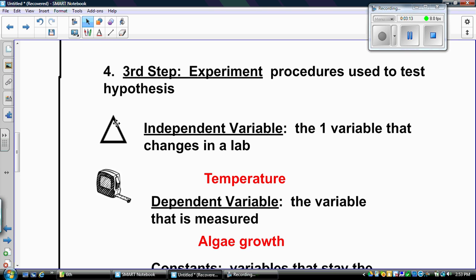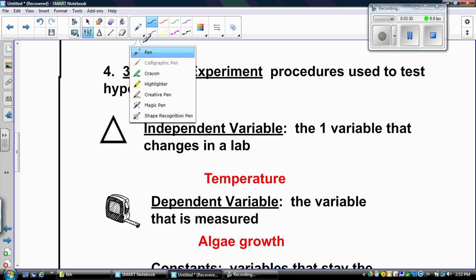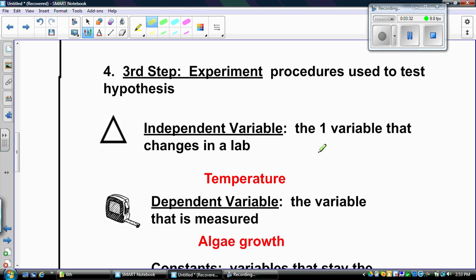The independent variable, I always put this symbol, this triangle, next to the independent variable. The reason why is the triangle is the delta symbol or Greek symbol that means change. And the independent variable is the one variable that you change in an experiment. And you only ever change one variable. If you change more than one variable, then the experiment is not valid.